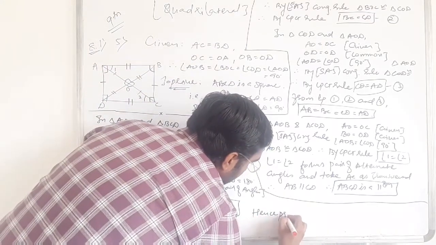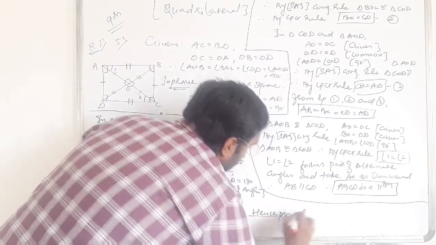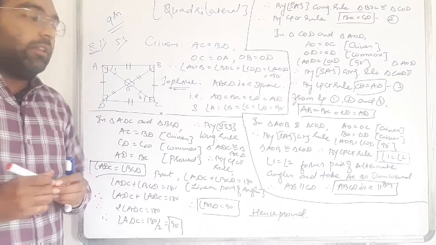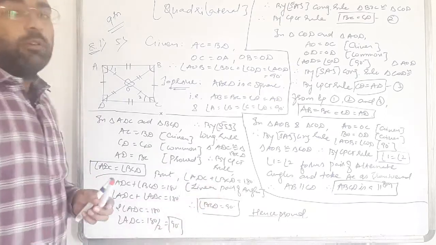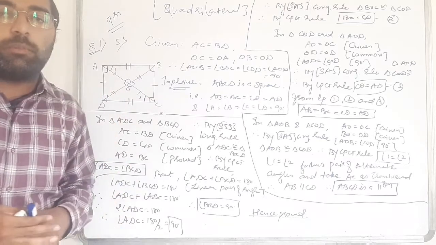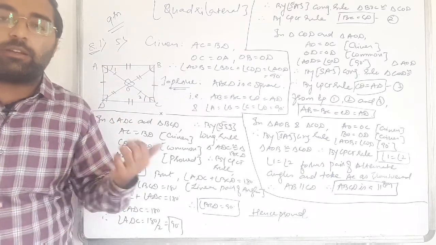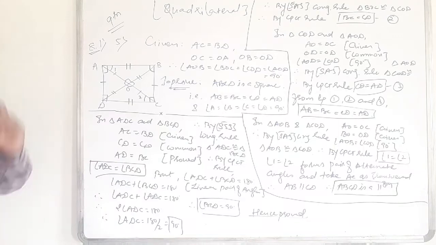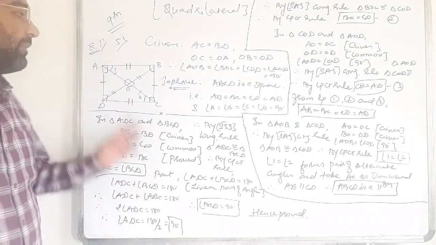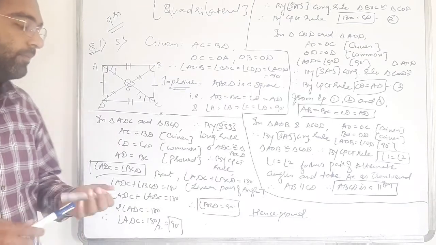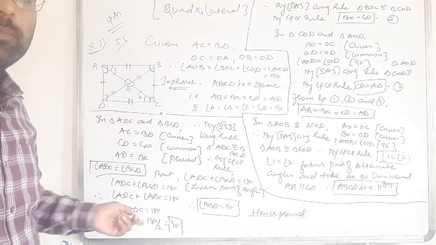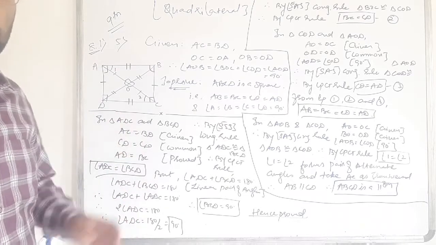If two angles are equal to 90 degrees, then in the parallelogram the other angles must also be 90 degrees. So that's why we are writing hence proved, that is, ABCD is a square. Clear? So note down this part first of all.